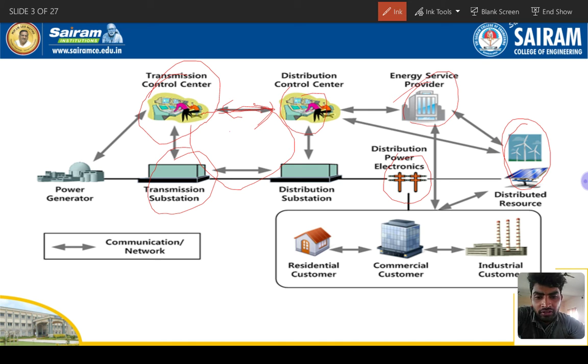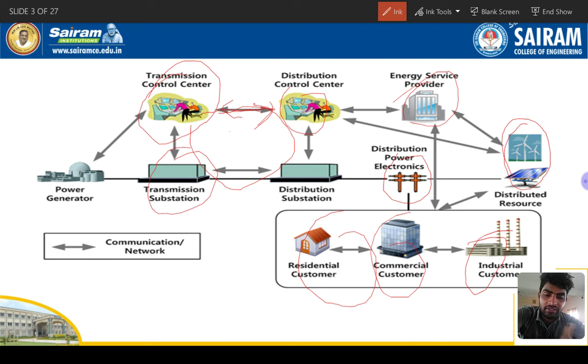Next there are residential customers, commercial customers and industrial customers. Residential customers are different, commercial customers are different, and industrial customers are also different. Ten years back these were common, and whether they would pay the bill or not, we didn't know.